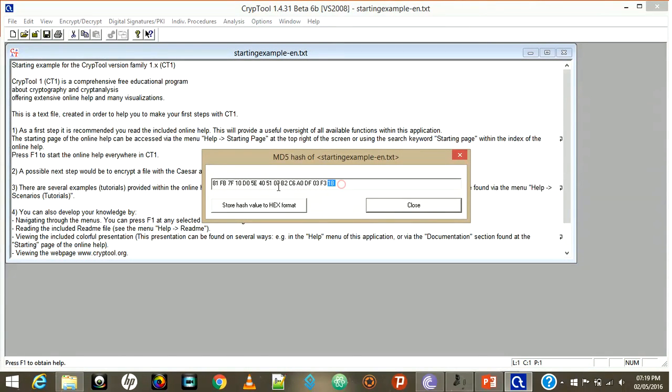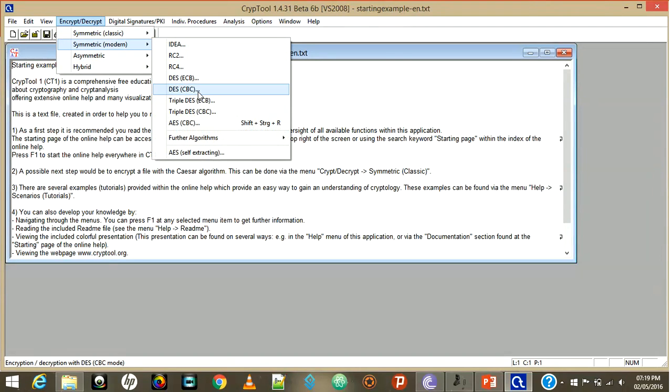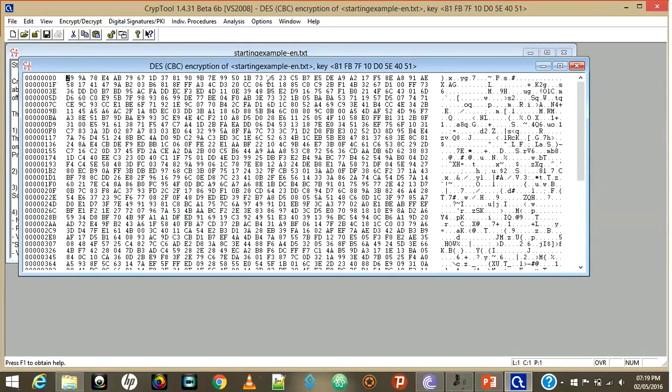Copy this whole key, then close this. Then open Encryption, where we'll get DES. In DES, paste the key that you copied. Then click encrypt. This is the encrypted message.